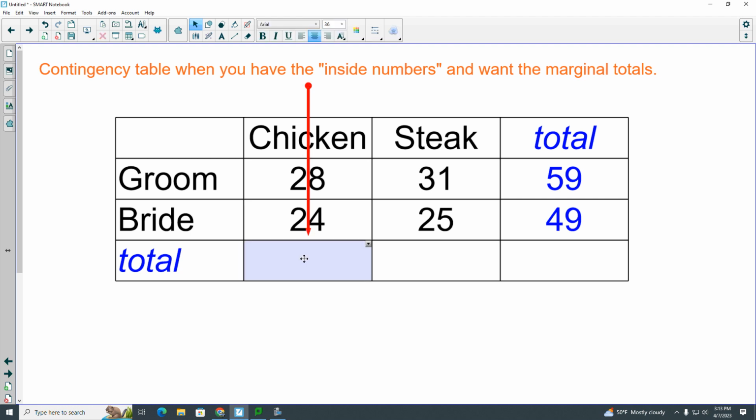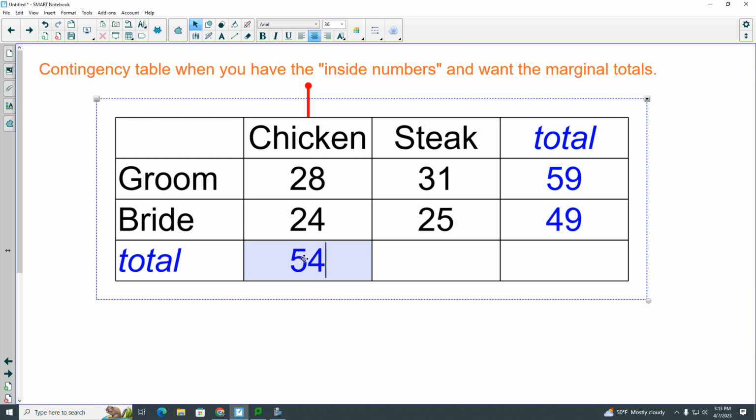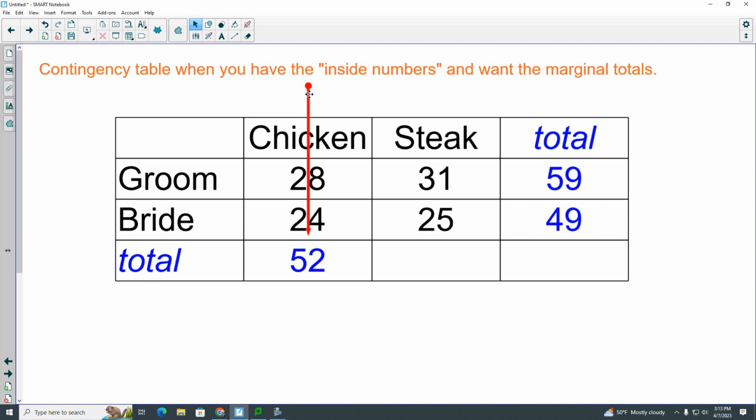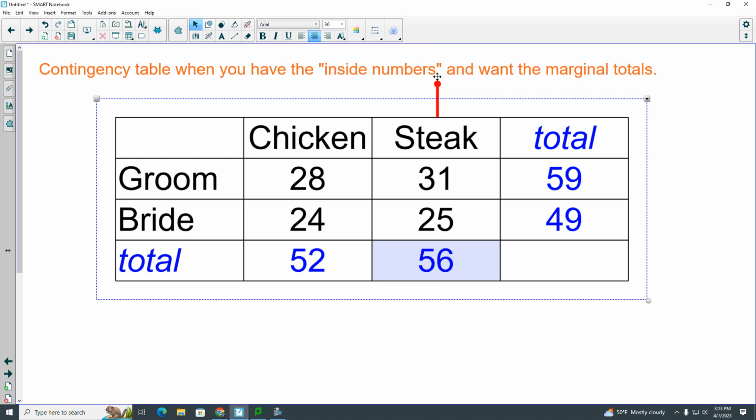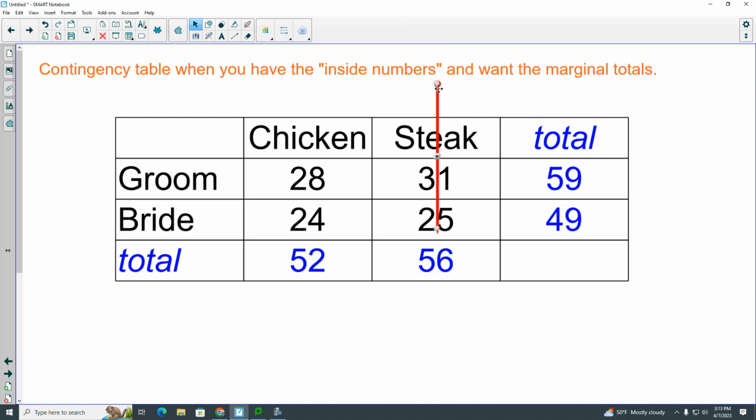So that is 52. And if I want to know how many people ordered steak, steak is 31 and 25, which is 56. So this is how we find those marginal totals.